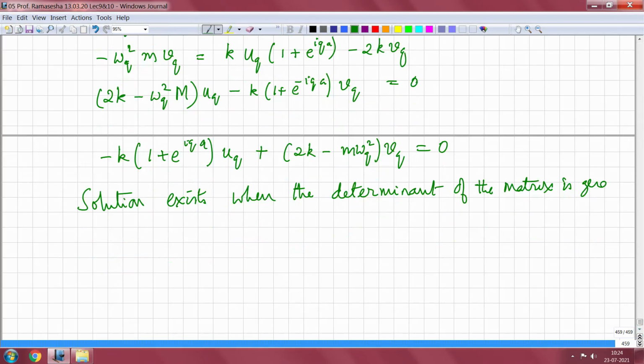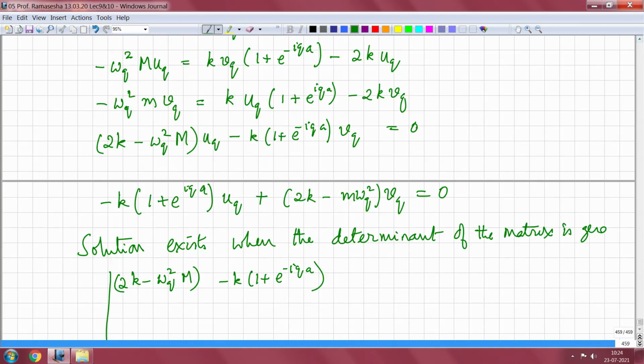So that actually means that (2k minus m omega q squared) times the other one, and then the off-diagonal term is minus k times (1 plus e to the minus iqa), and the second equation has minus k times (1 plus e to the iqa) and 2k minus M omega q squared. This is equal to 0.